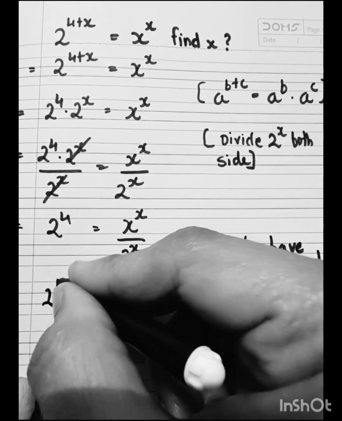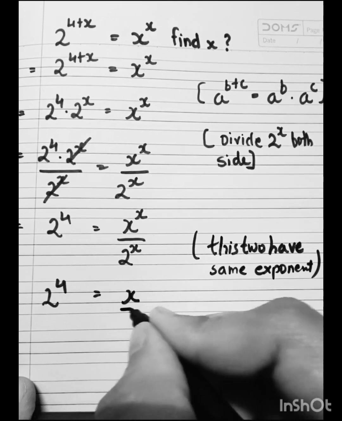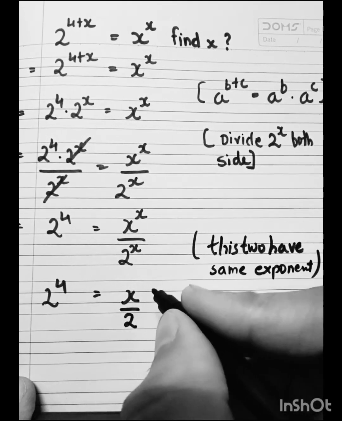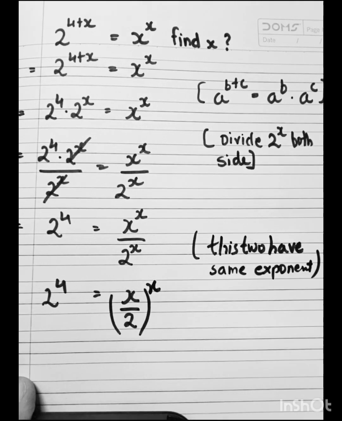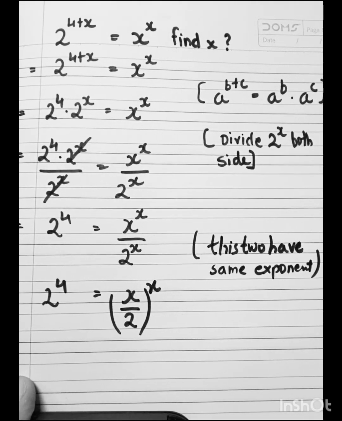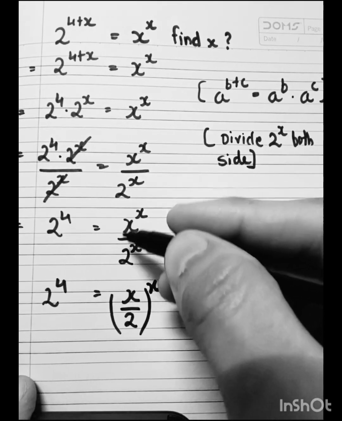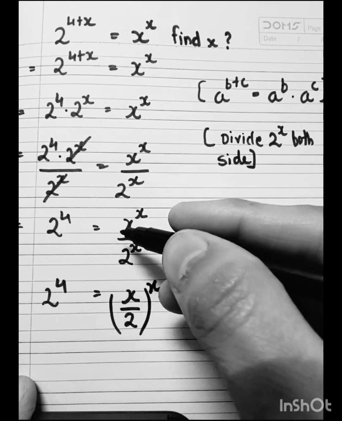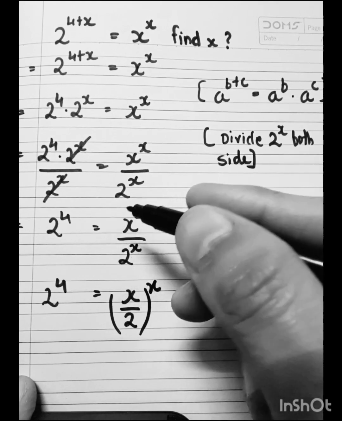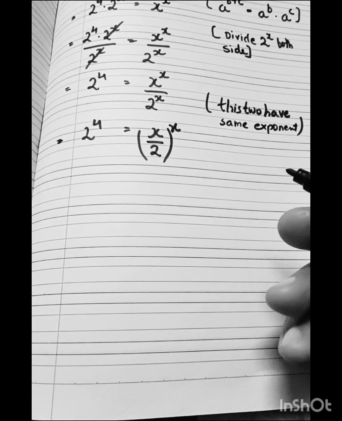So 2 to the power of 4 equals x divided by 2, to the power of x. Because this has the same exponent, we have combined it, and we get x upon 2 to the power of x. We will raise 1 by 2 on both sides.